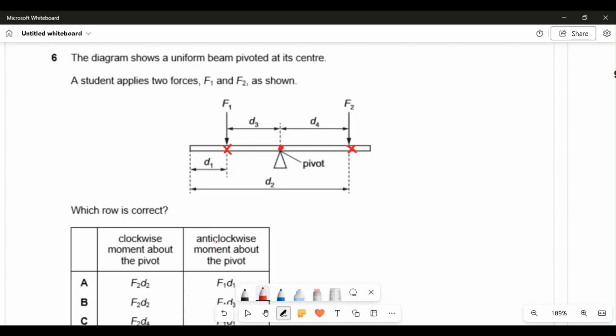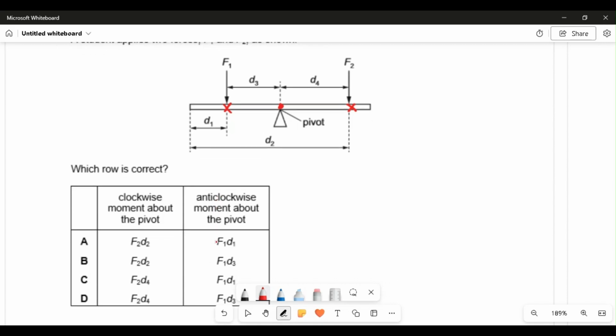Now, which row is correct for clockwise movement and for anti-clockwise movement? We know that the moment of a force is always equal to force times perpendicular distance.